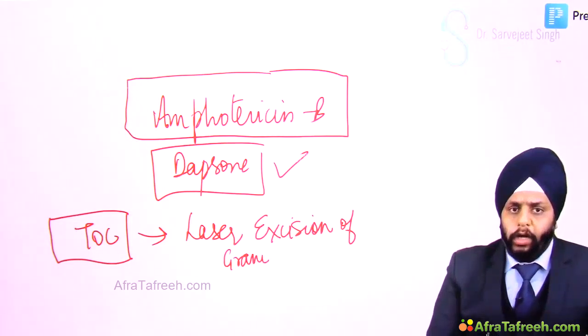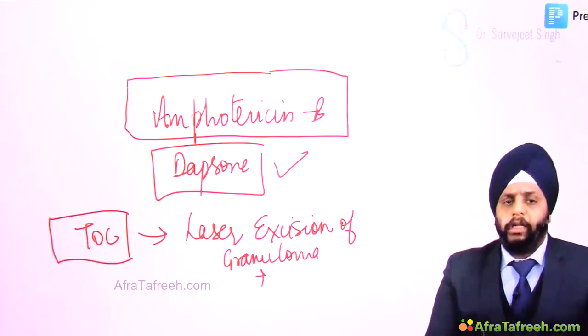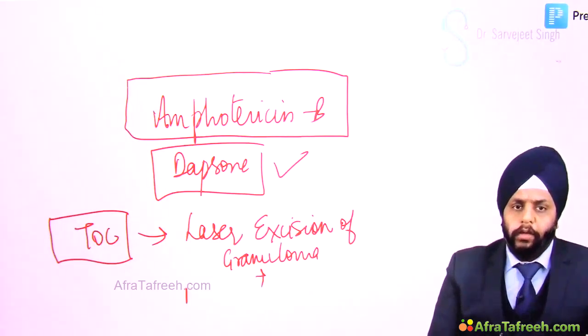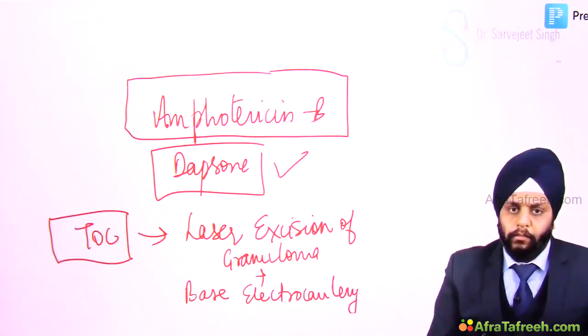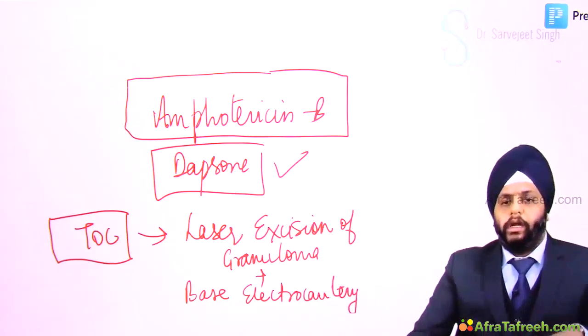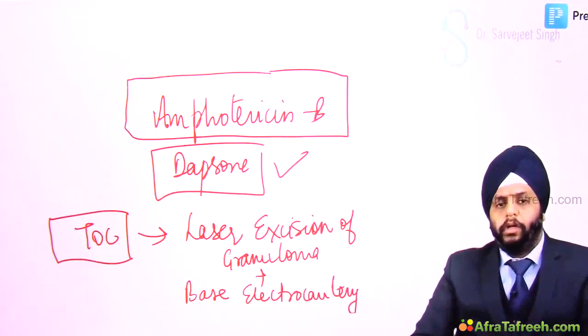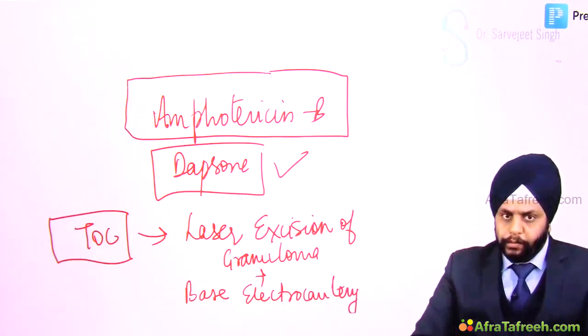Remember, you have to remove this granuloma. So the treatment of choice still remains laser excision of granuloma with base electrocautery. Okay, so this is the treatment of choice for rhinosporidiosis.